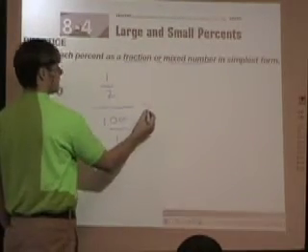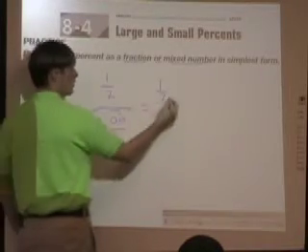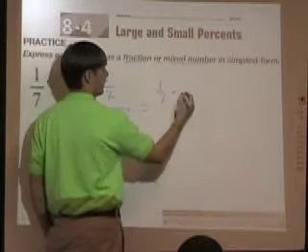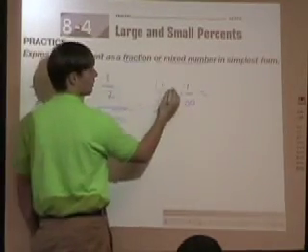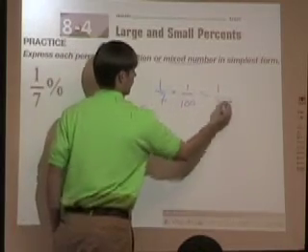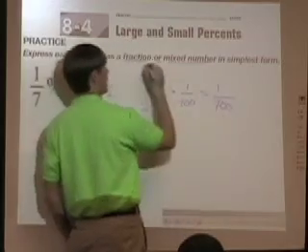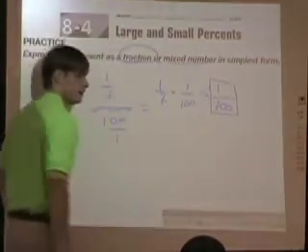So now that leaves me leave this alone, change divide to a multiply, and flip 100 over 1 and make it 1 over 100. Now when we multiply it out, we do 1 times 1 equals 1. And 7 times 100 equals 700. So what's my answer as a fraction? 1 over 700.